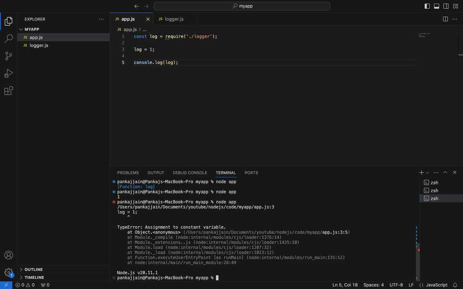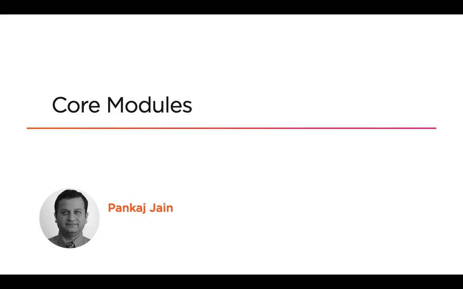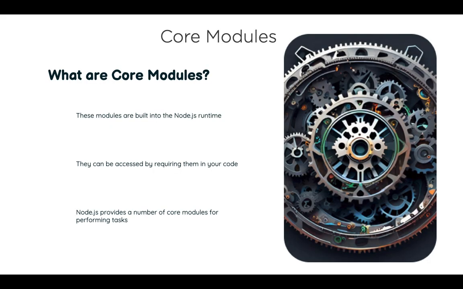Alright, now let's talk about some core modules which come with Node. Core modules are built into the Node.js runtime and can be accessed by requiring them in your code. Node.js provides a number of core modules that can be used to perform various tasks.